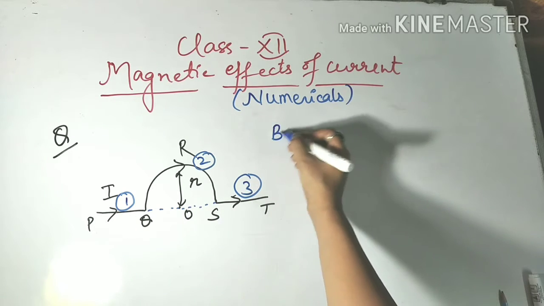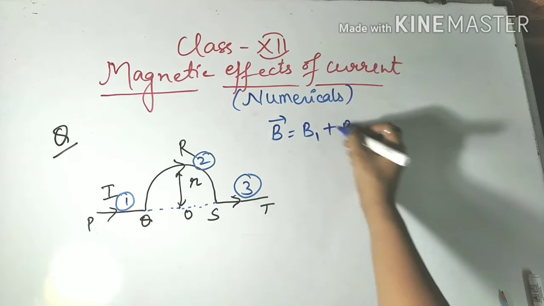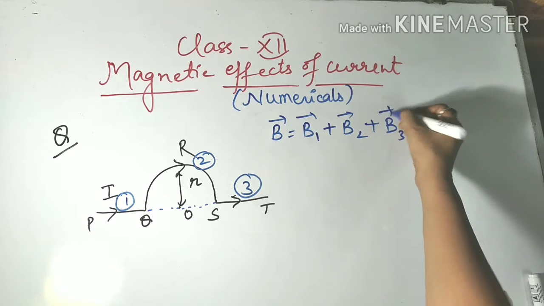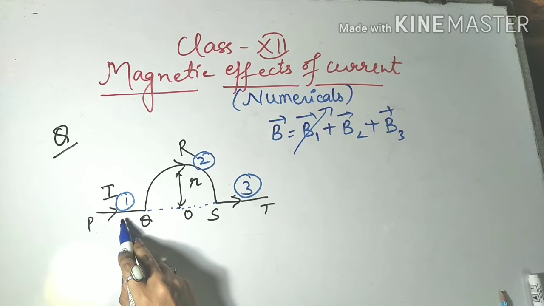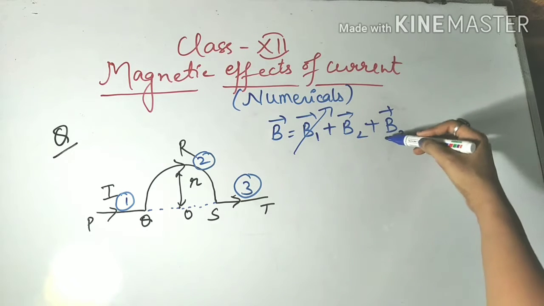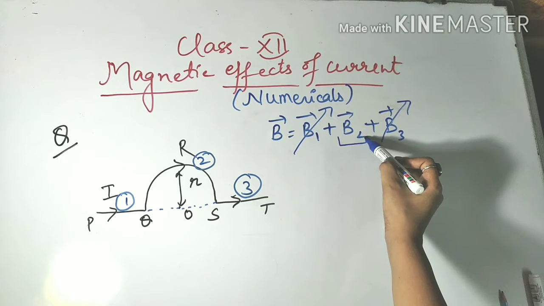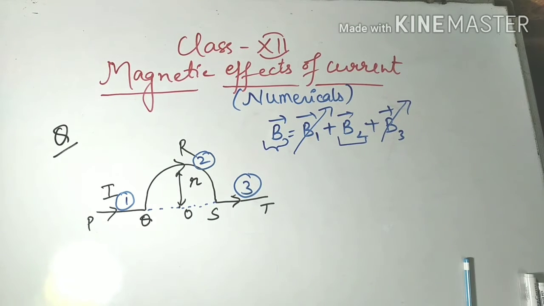I am going to divide the whole B into B1 plus B2 plus B3. B vanishes for the parts on the line of action of force, so whatever we have in B2 is going to become our total magnetic field.